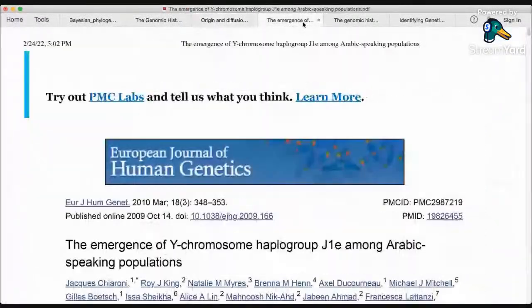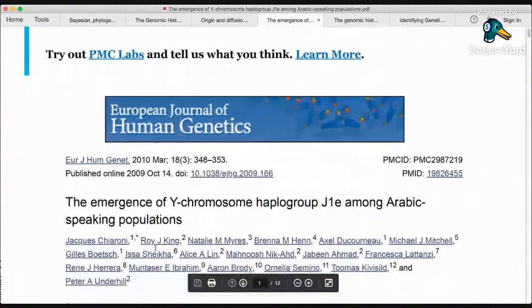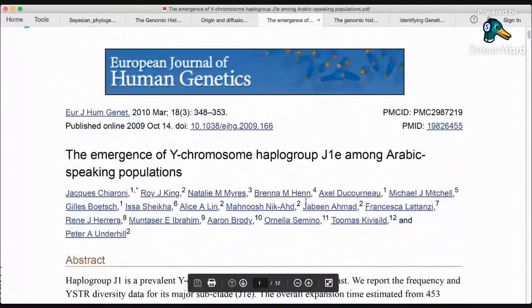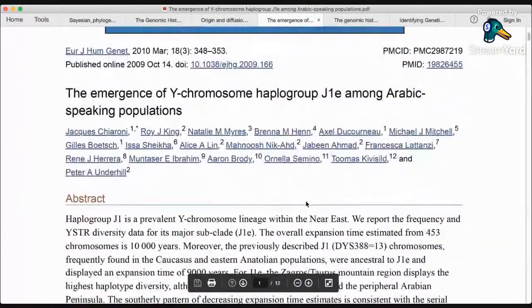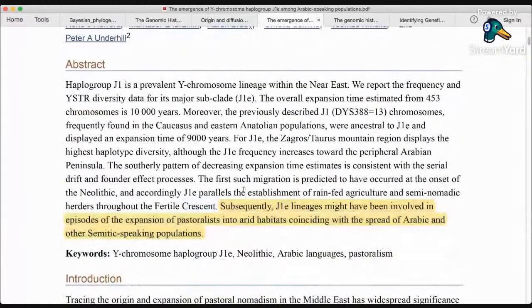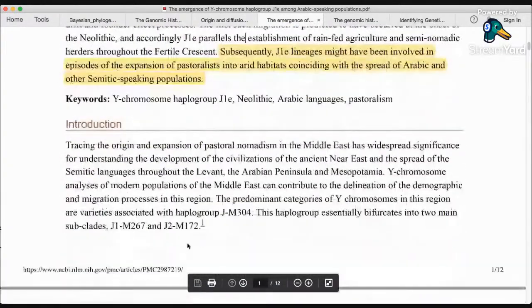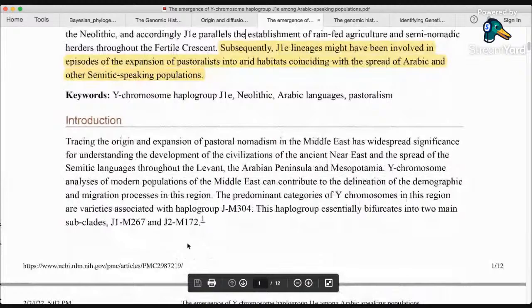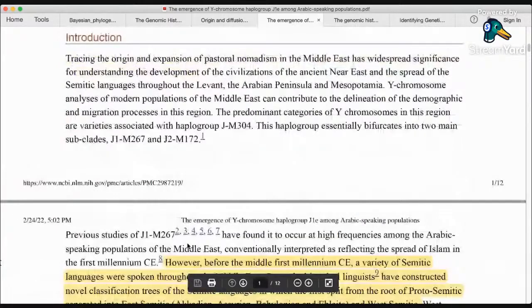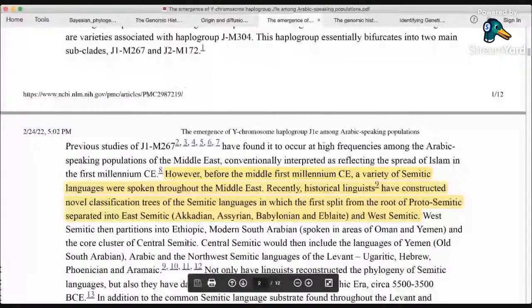All right, go to the emergence. The emergence of Y chromosome haplogroup J1E among Arabic-speaking populations. Subsequently, J1E lineages might have been involved in episodes of the expansion of pastoralists into arid habitats, coinciding with the spread of Arabic and other Semitic-speaking populations. Stop and read that part if you like.